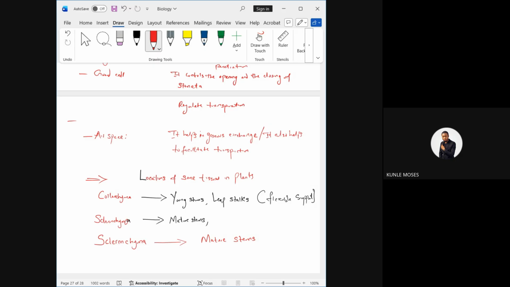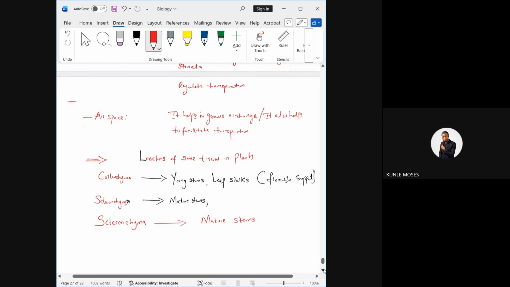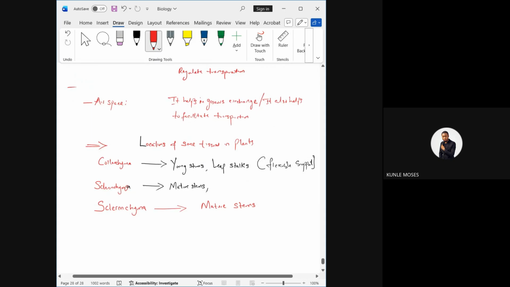Do you still remember the function of sclerenchyma? Basically, they give rigid support to the plant. These xylem fibers are found in the roots, in the stem, in the leaf.